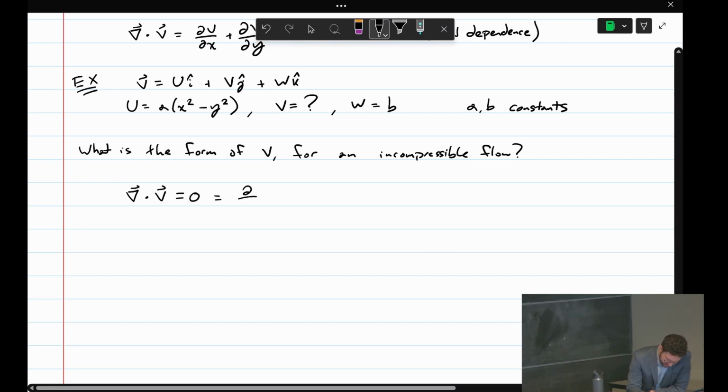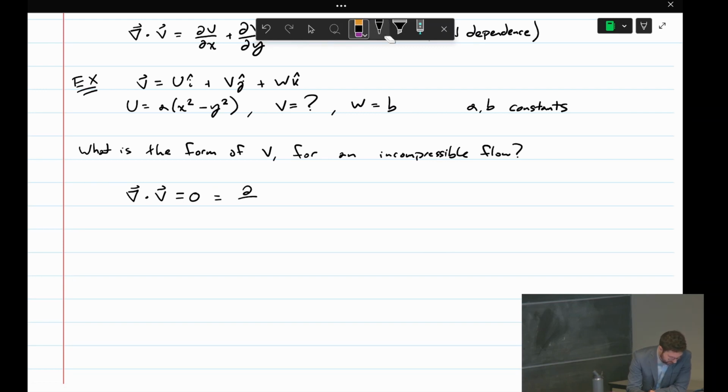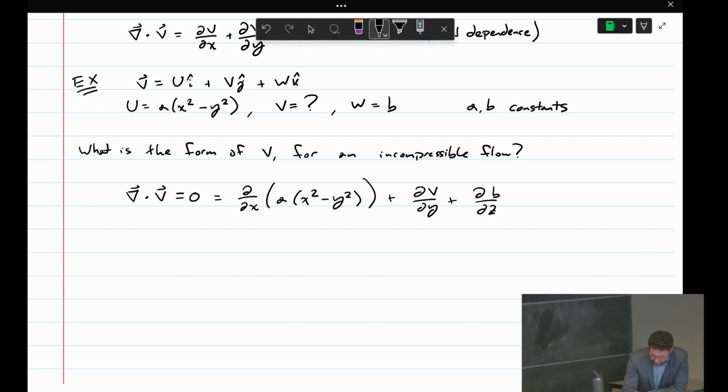And that is partial u by partial x plus partial v by partial y plus partial w by partial z. So partial w partial z, since b is a constant, is 0. And we're left with this expression here. So 0 is 2ax plus partial v by partial y.